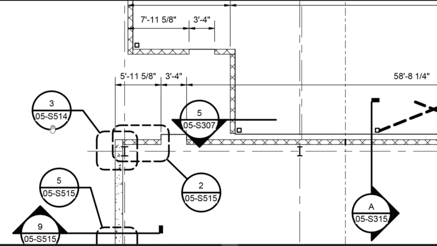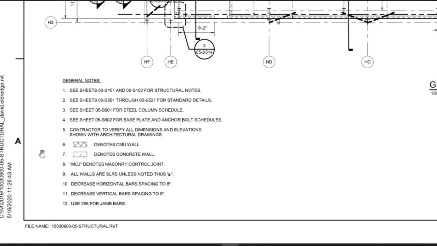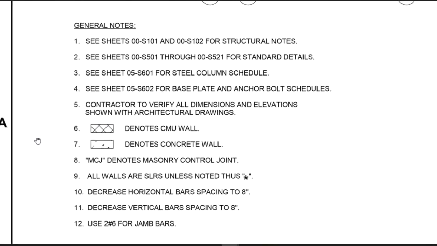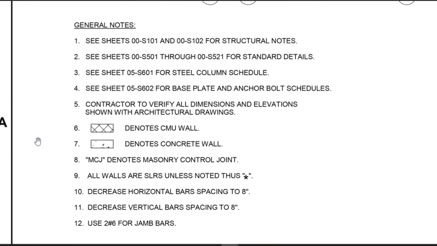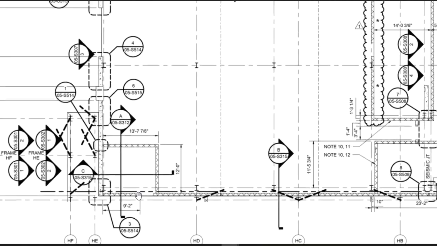Let's take a look at the sheet S107, where we can find a plan view with wall types, section details, cut-through walls, masonry control joint location. In the general notes section you can see what concrete and CMU wall denotes. Moving up with the drawing we can see concrete and CMU walls.